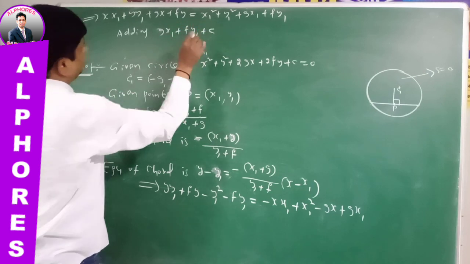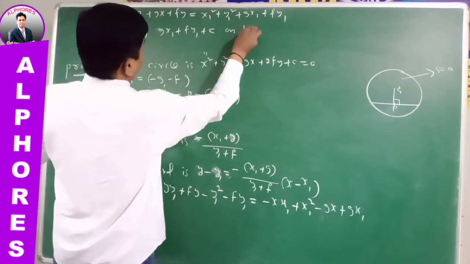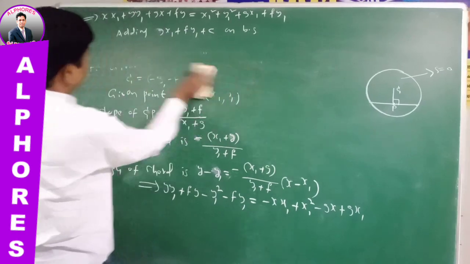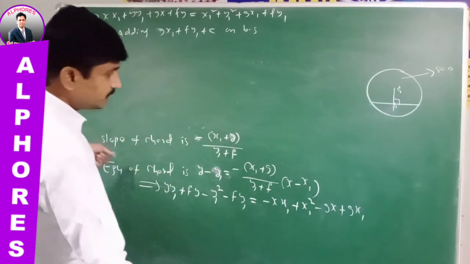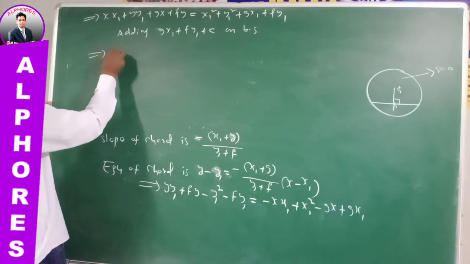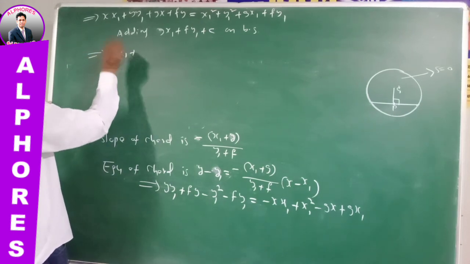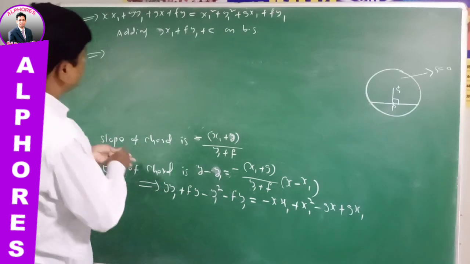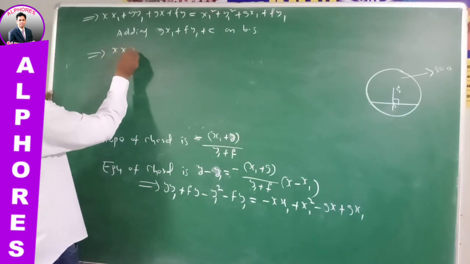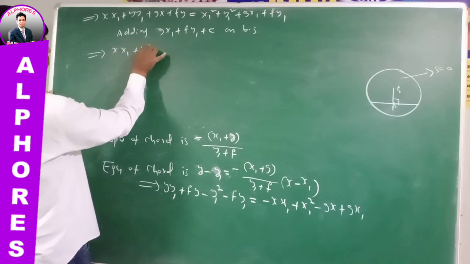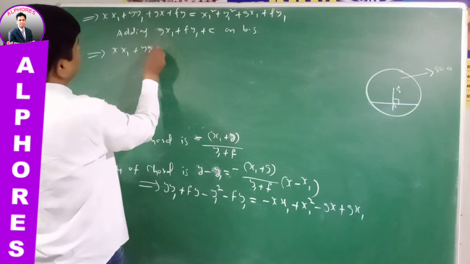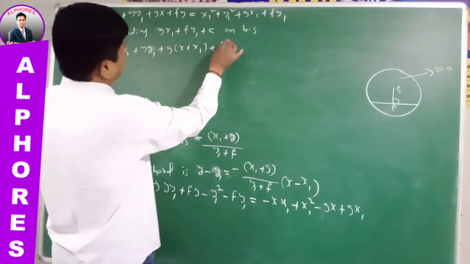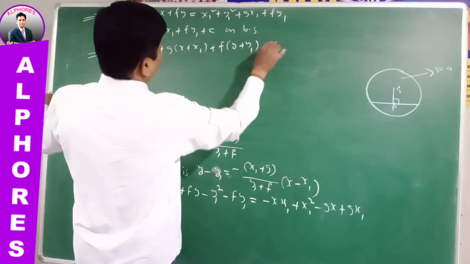Okay, next step: adding g x1 plus f y1 plus c on both sides. This implies x x1 plus y y1, next gx plus g x1, g of (x plus x1), fy plus f y1, f of (y plus y1), plus c.